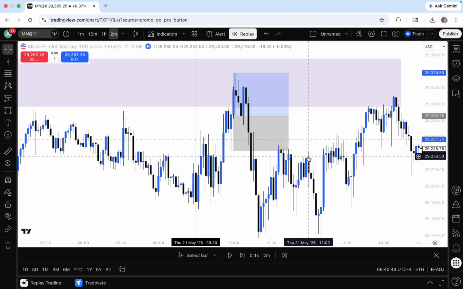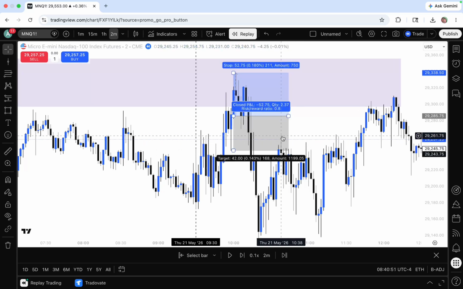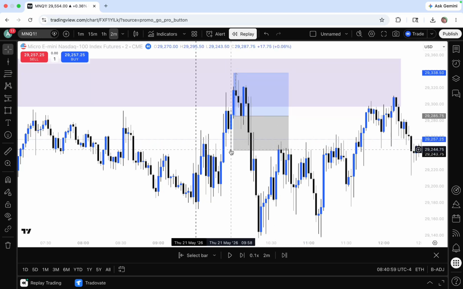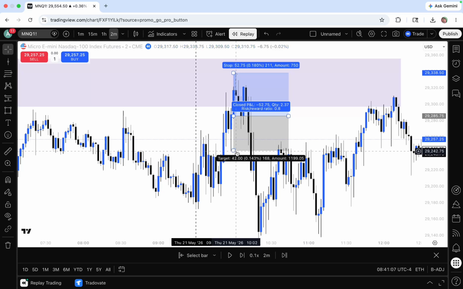As you can see here, maybe it's not super conventional. This is not even a 1-to-1. It's a 0.8 RR. I was just going for the easiest target within this 3-minute fair value gap. We had this wick, so I thought that's where price would be drawn to.